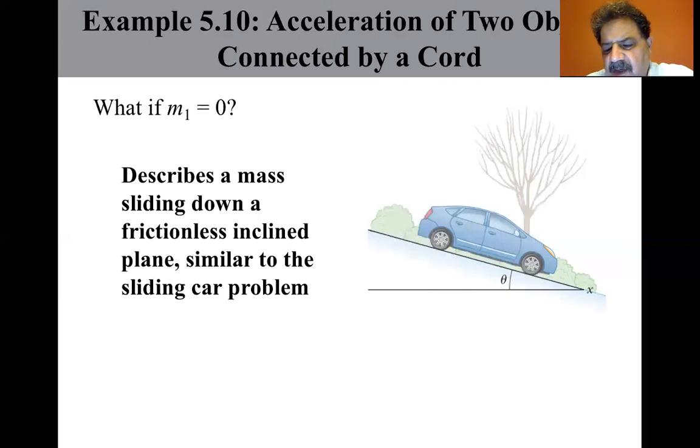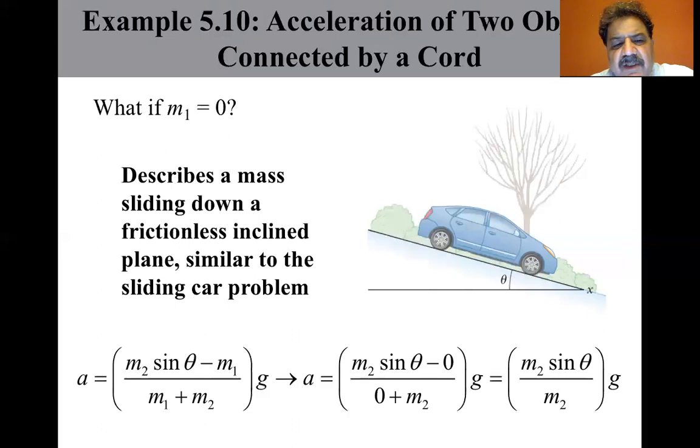Putting m1 equals 0 in the equation for the acceleration, you get a equals m2 sine theta over m2 times g, and I think that's the same as what we had earlier.